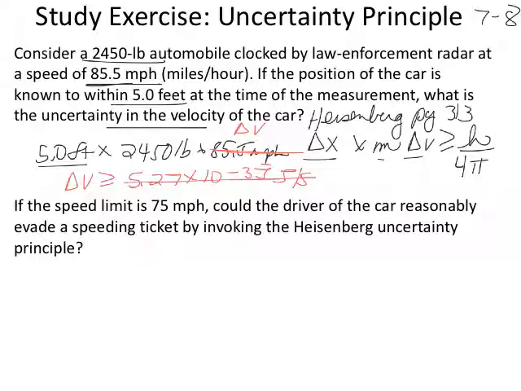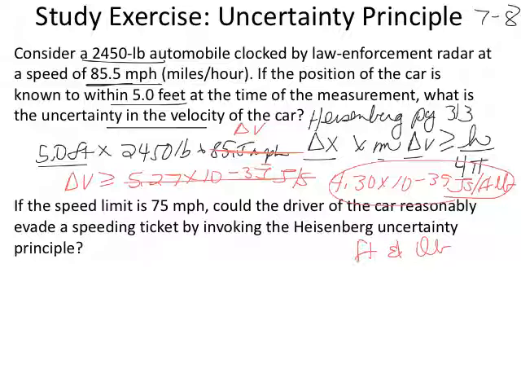Well, actually, that works out to be 4.30 times 10 to the negative 39 joules per second per feet per pound. I guess you can do your conversions and convert feet and pounds and try to correlate it with miles per hour. I'm not going to continue working this problem.